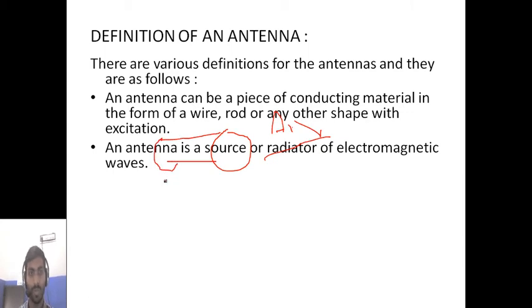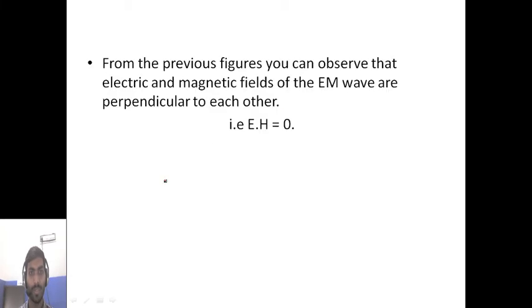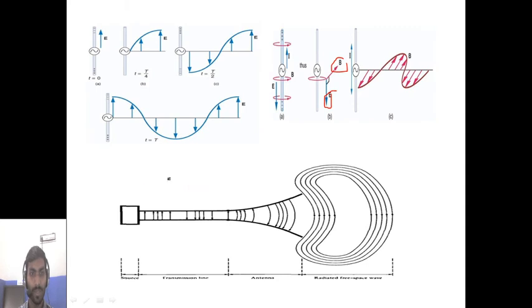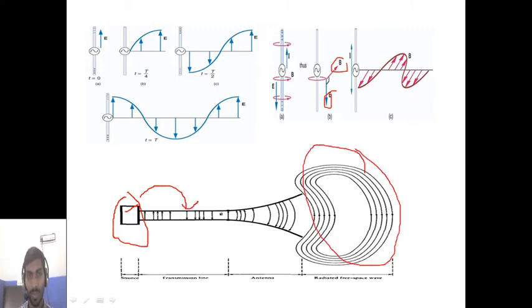Once you go back to the diagram, you can see this is your source. The waveform is created and transmitted using a transmission line, and from here, this is the free space. What is there in between both? Till here, this is your transmission line and this is your free space.